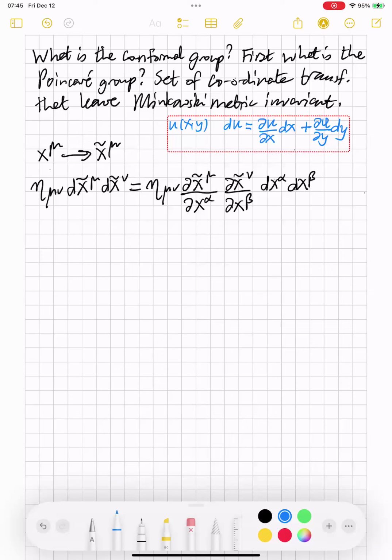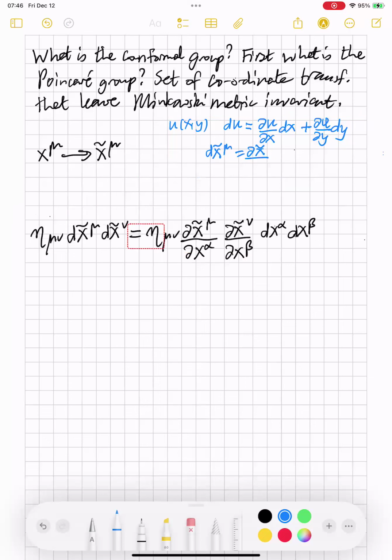Calculus linearizes everything. To get the change in u, you calculate the change due to x, you calculate the change due to y, and then you just add the two of them up.